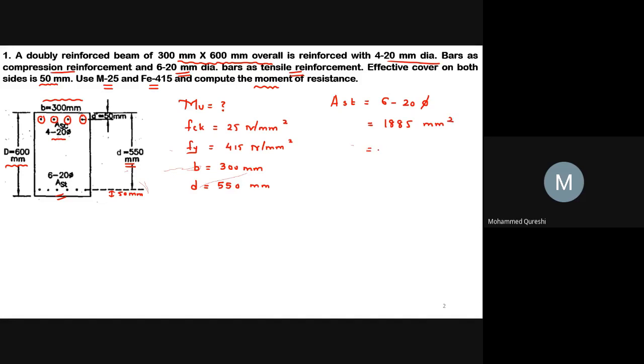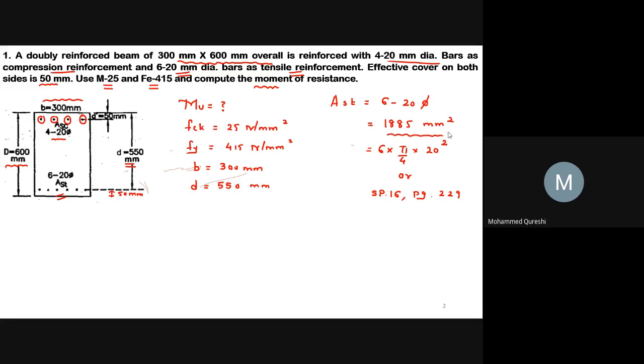You may use the equation 6 into pi by 4 into 20 square, or we may get the value directly from SP16 page number 229 as 1885 mm square.